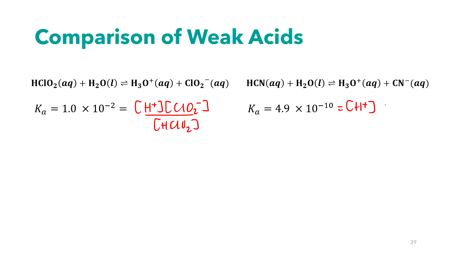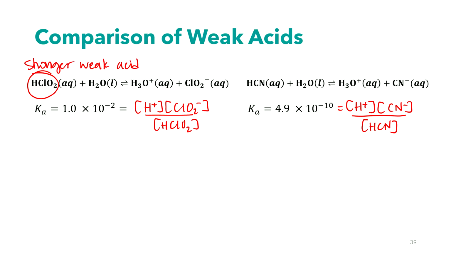We would look at this and say, they are both weak acids, but I am going to qualify HClO2 as the stronger weak acid. And HCN is our weaker weak acid.